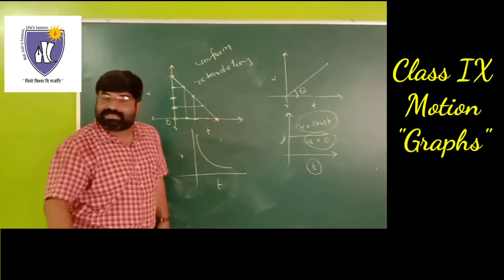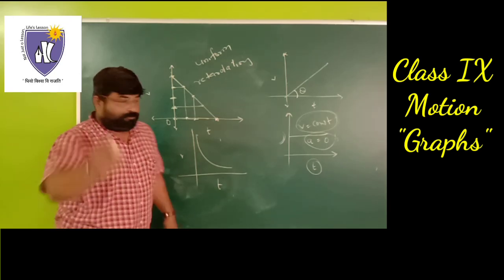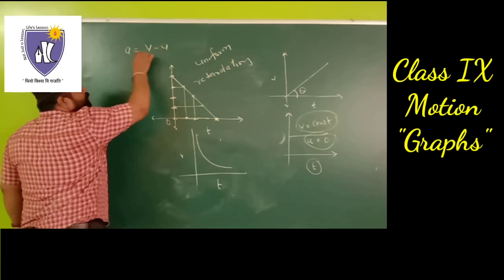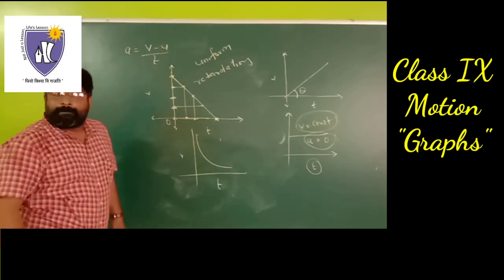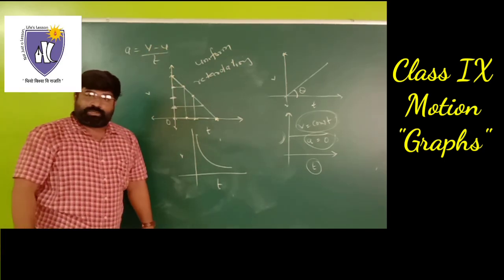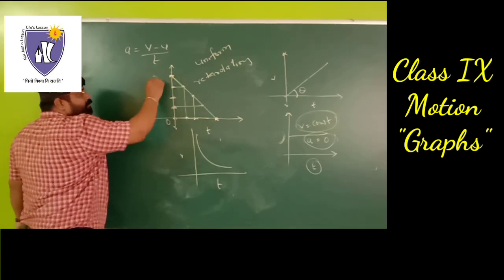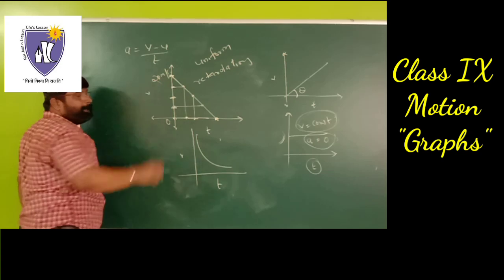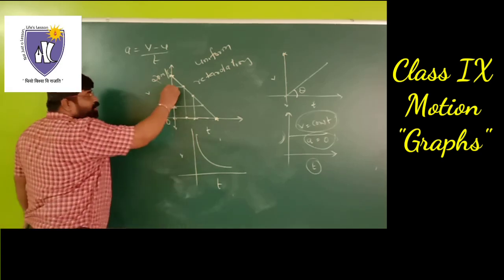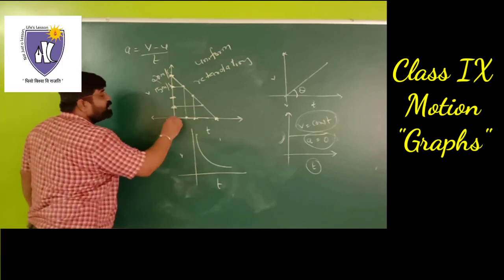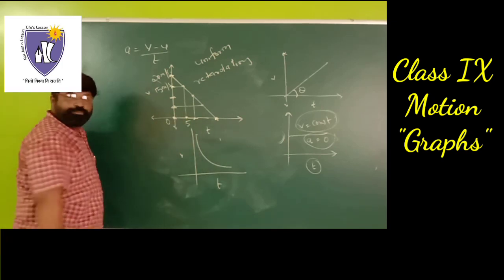If you remember the formula of acceleration, a equals (v minus u) by t. Now why is it called negative acceleration? Let's prove it. Suppose this is the speed of the object, say 20 meter per second, and this is 15 meter per second, from 0 to 5.